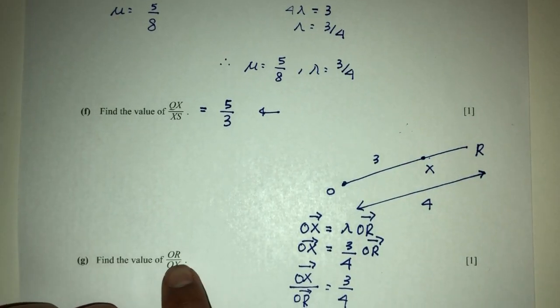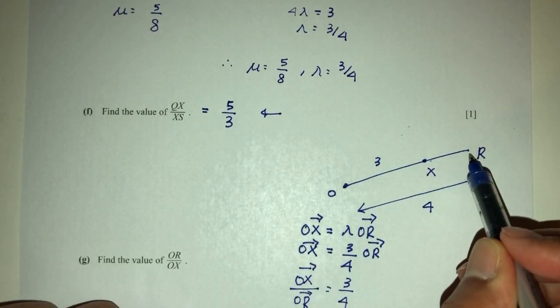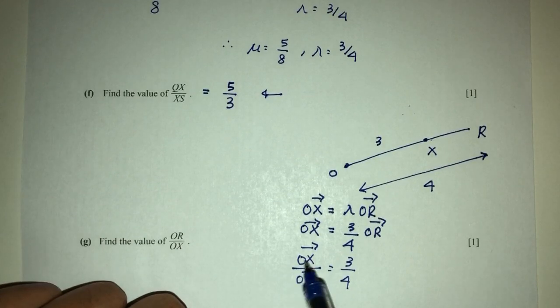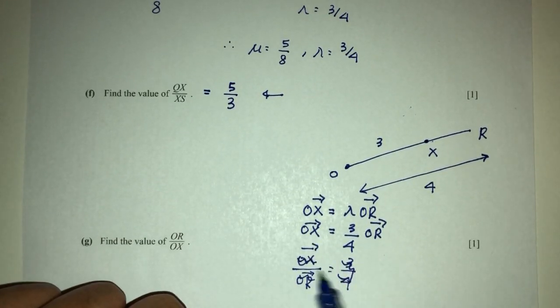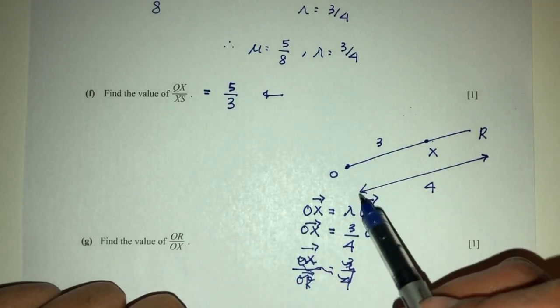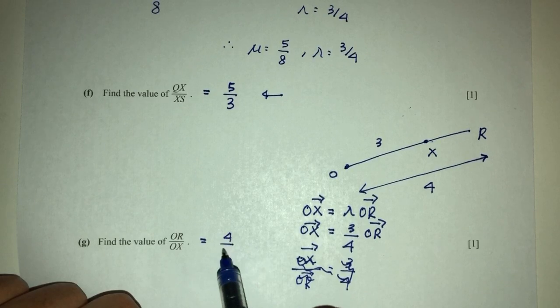You want to find the ratio of OR, which is the big one. So I think I made a mistake here because it should be OR over OX, not OX over OR. So OR will be the big one, which is 4. OX will be 3. Answer will be 4 over 3.